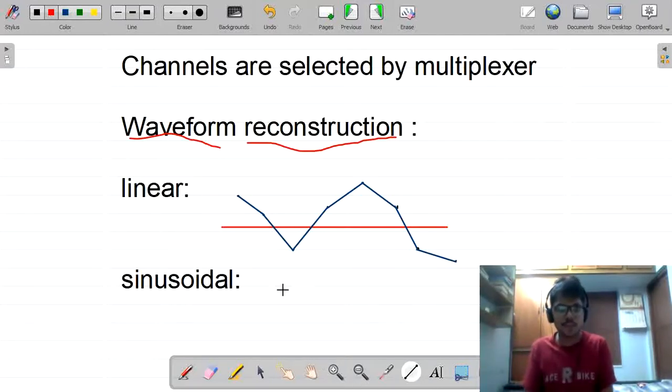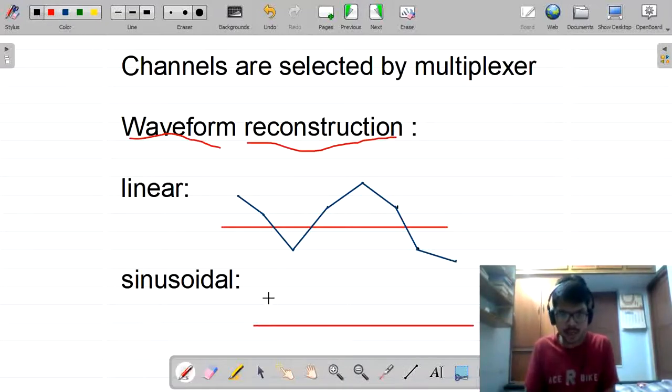Suppose we use a sinusoidal, now we will understand how we can reconstruct by using a sinusoidal. In this process, we will join these dots by using a sinusoidal graph.